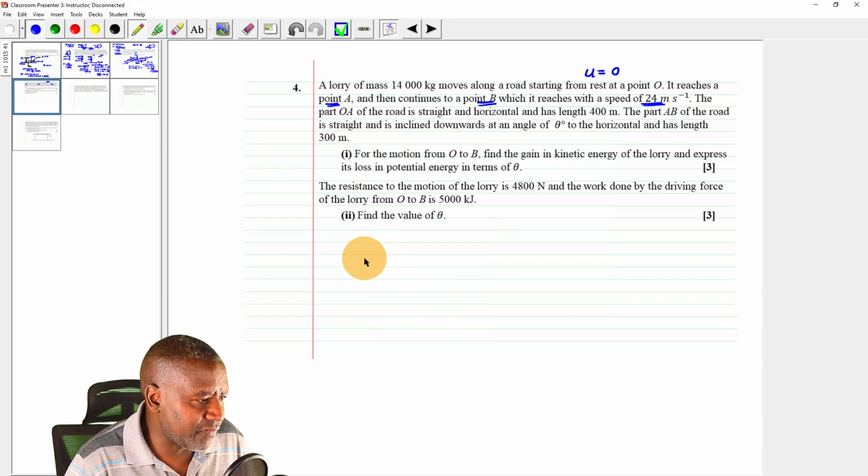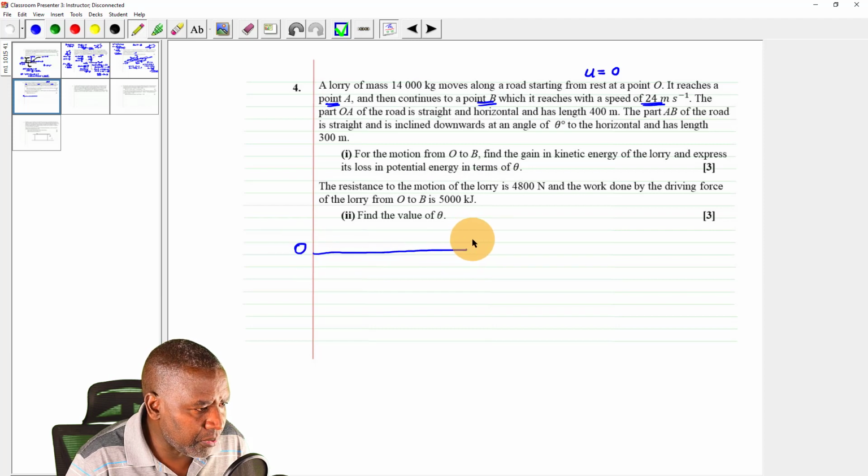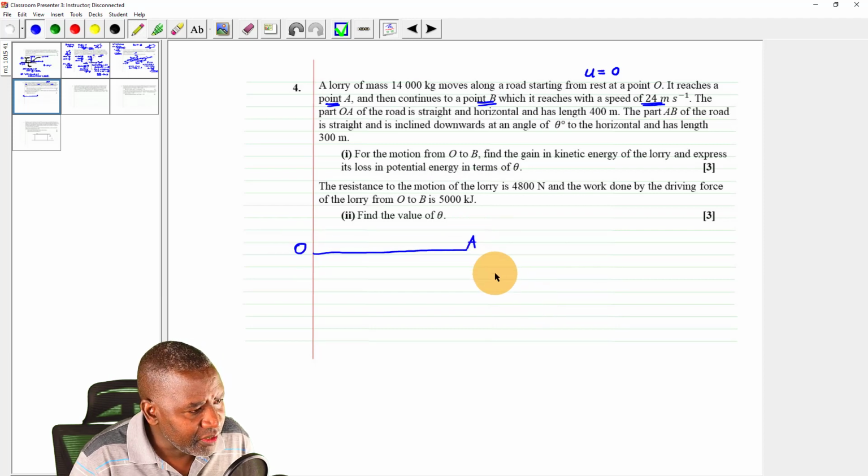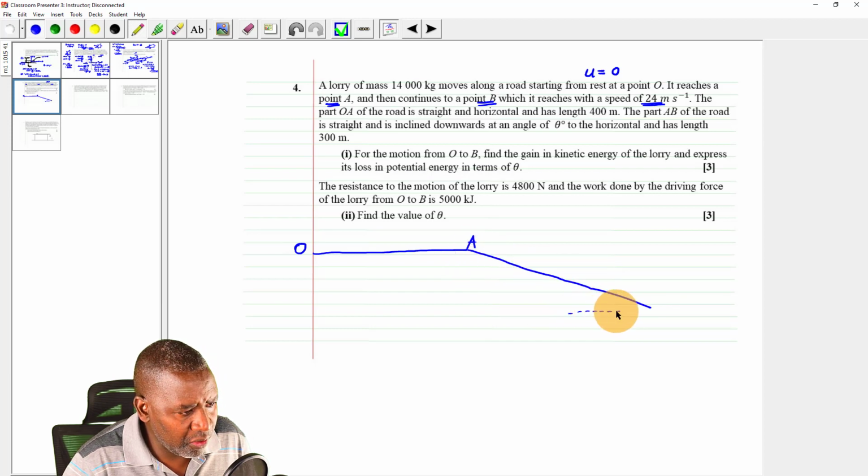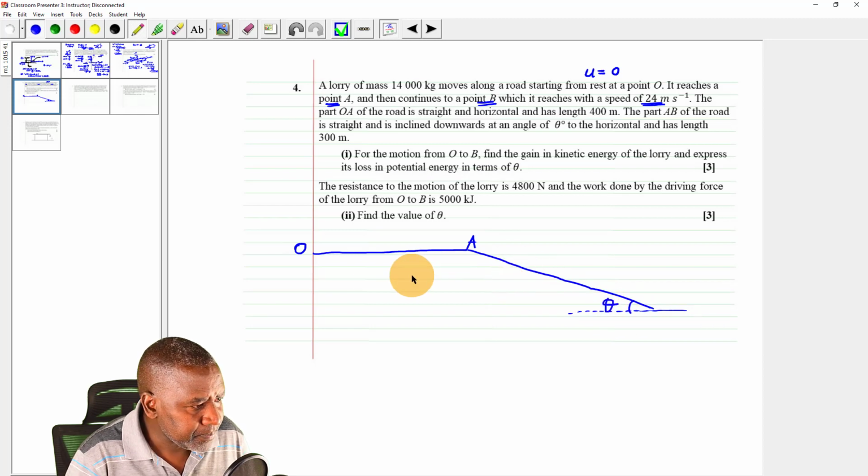So at least now we've got the situation. The lorry moves horizontally from O to point A, then from A to point B along AB. It is inclined to the horizontal at some angle theta.